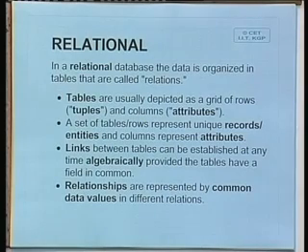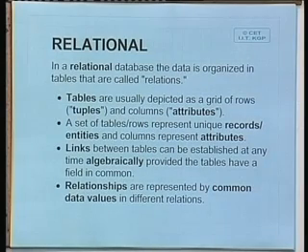A set of rows represent unique record entities and the columns are representing the attributes. Links between tables can be established at any time algebraically, provided the tables have a field in common.